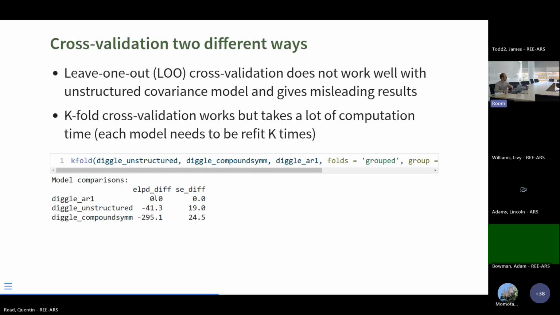The unstructured covariance has a lot of parameters, so even though it can fit the data more closely, it's not going to do as well on new data because it's overfit to the data we have. Now the AR1 model performs the best. The unstructured is worse on this expected log posterior density, essentially, and it's 40 units worse.